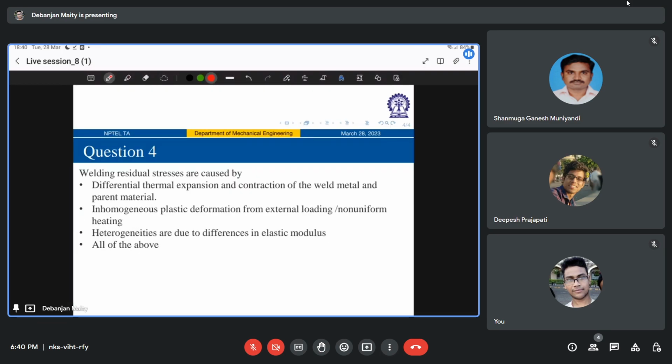Coming to residual stress, what can be the causes of residual stress? As I was saying, residual stresses are those stresses that exist in a material or structure after all external loads are removed, correct? It is internally generated during the process. What can be the other name of residual stress?